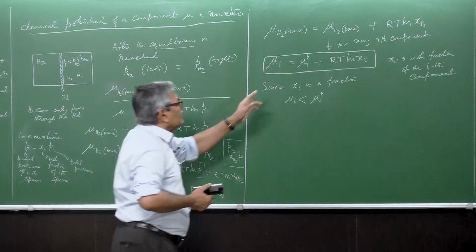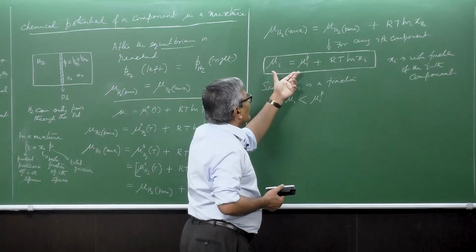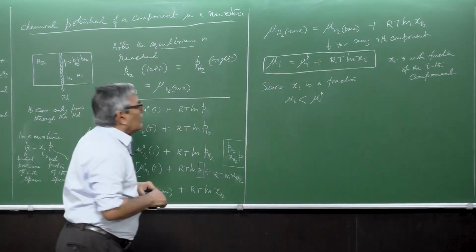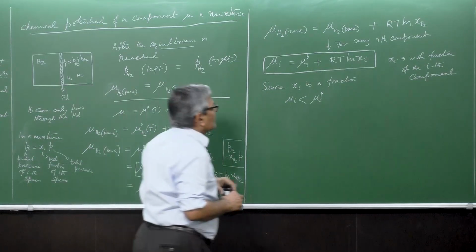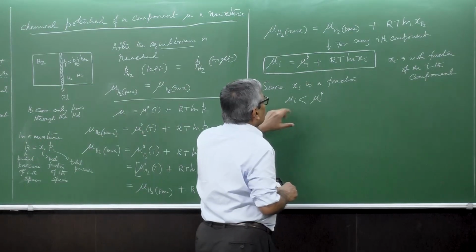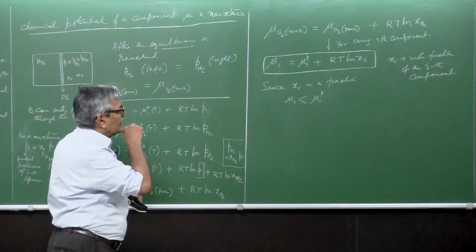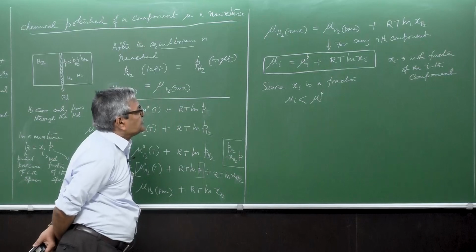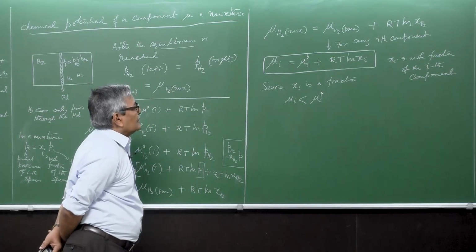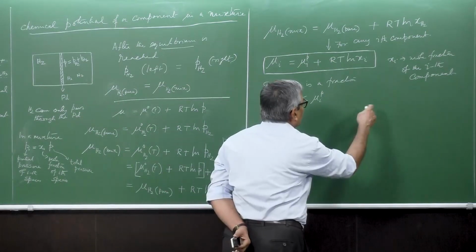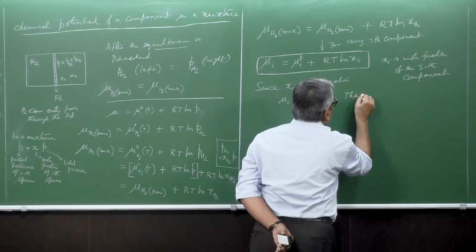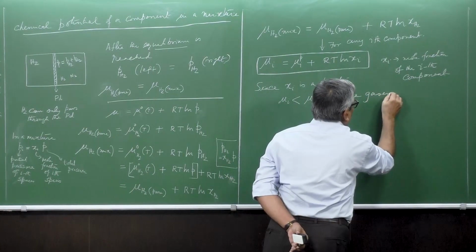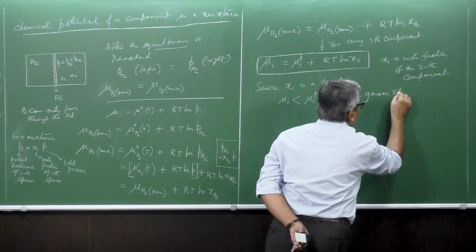So this quantity is negative, so mu i is less than this.